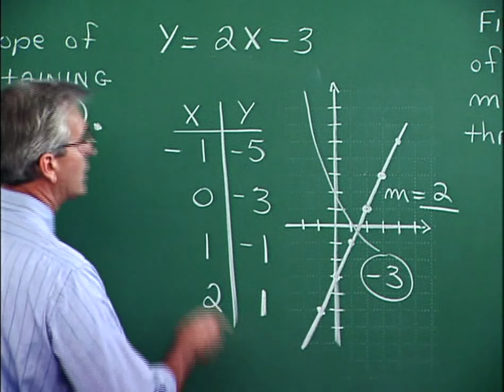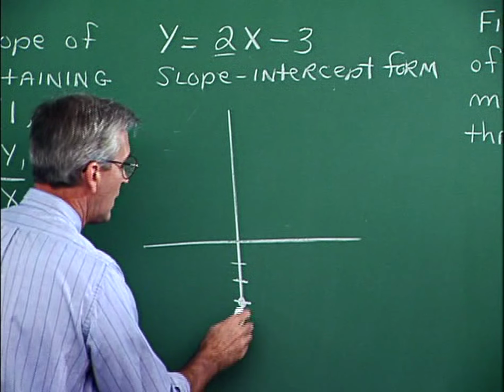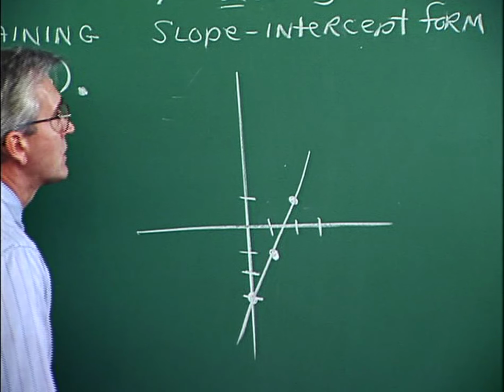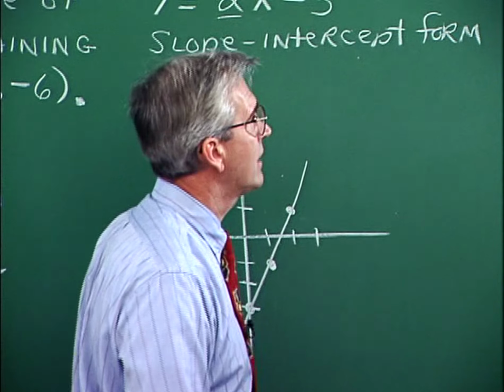I can very easily just take a coordinate plane and identify the position of the y-intercept at -3, and then because I know I have a slope of 2, that's a rise of 2 and a run of 1, and then from that point I can rise 2 and run 1, and then from that point rise 2, run 1, and so on, and I can create as many points as I want to, and I can even create points in the other direction, rise -2, run -1. You see, like that, and so it gives me a way of very quickly sketching the graph. So slope-intercept form. We'll get back to that form in just a little bit.